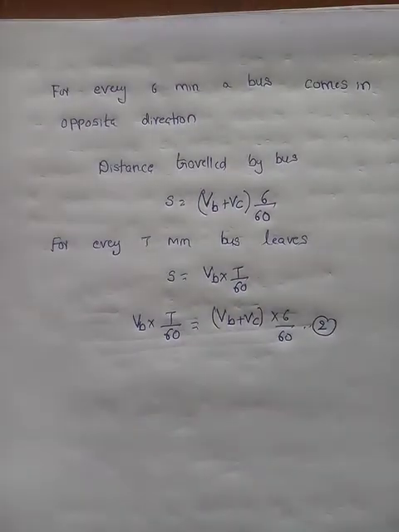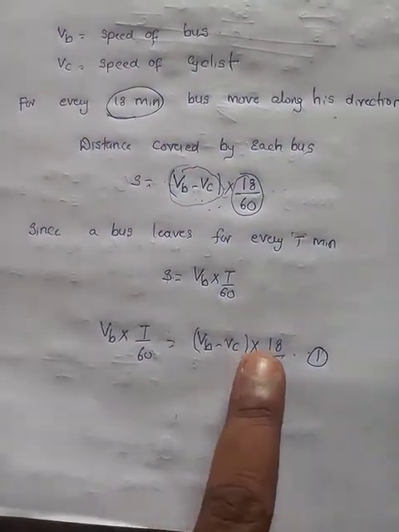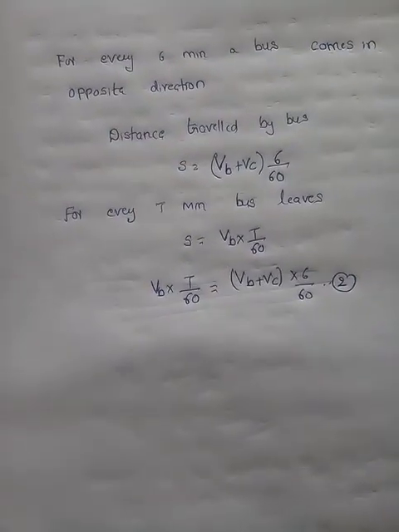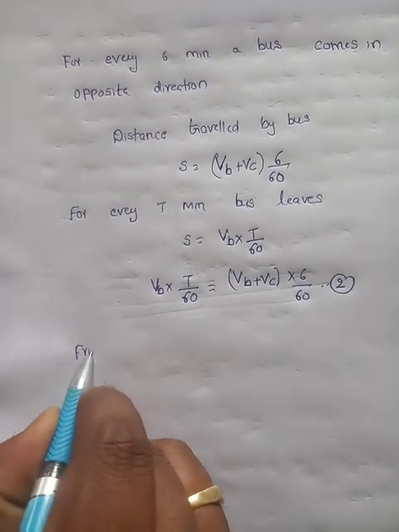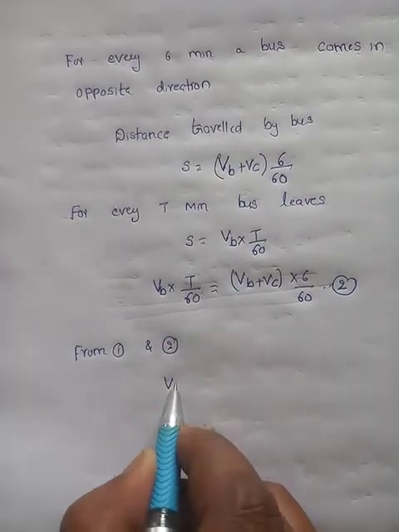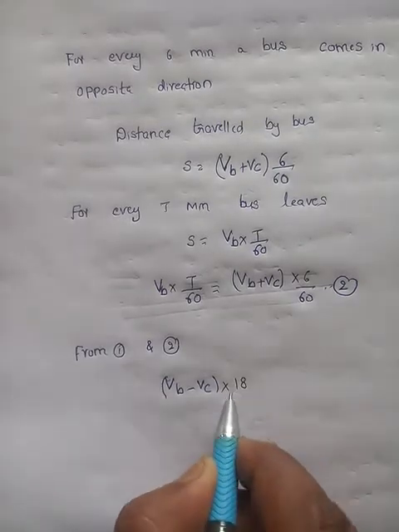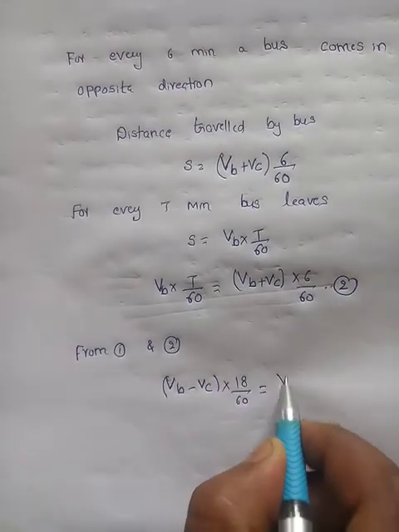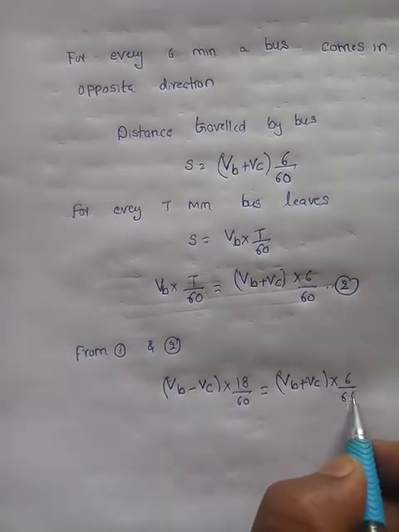So, this is the condition for the opposite direction and that is the condition for the same direction. What do you observe here? VB into T by 60 equals VB minus VC into 18 by 60, and here VB into T by 60 equals VB plus VC into 6 by 60. From 1 and 2, the LHS are the same, so we can equate the RHS: VB minus VC into 18 by 60 equals VB plus VC into 6 by 60.